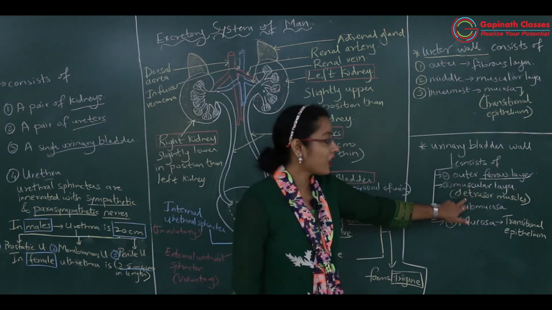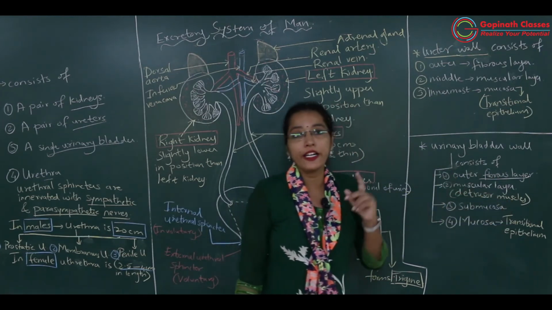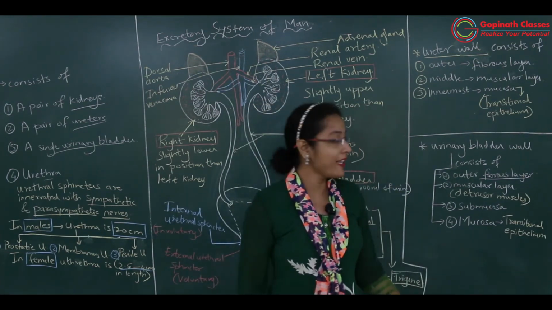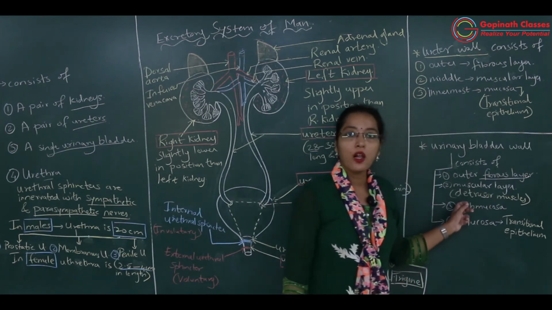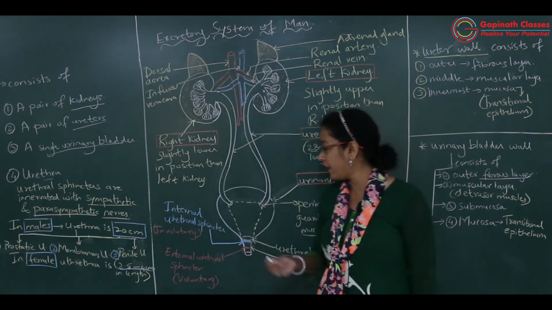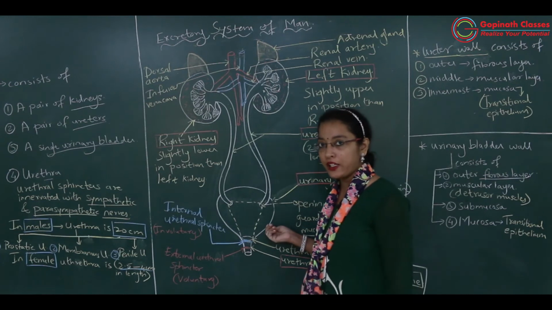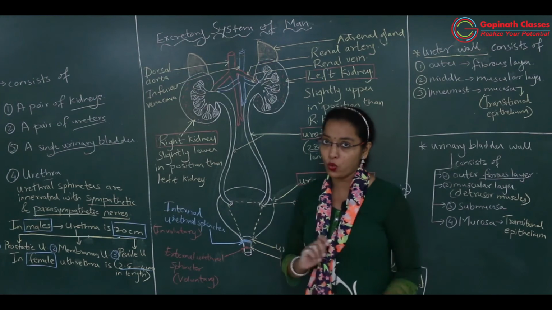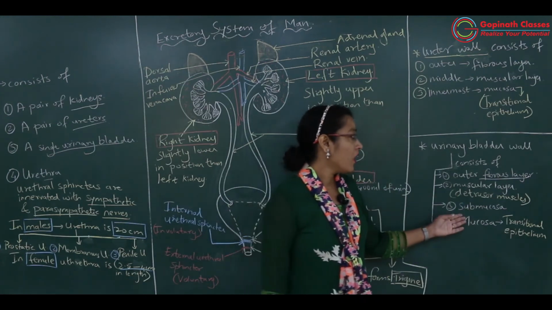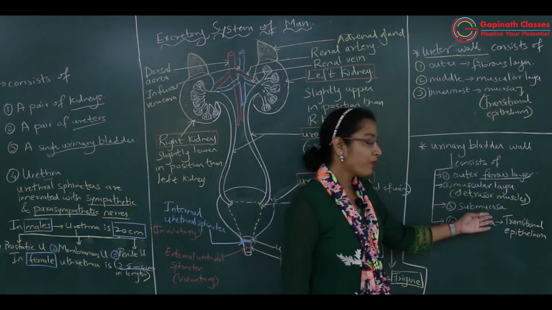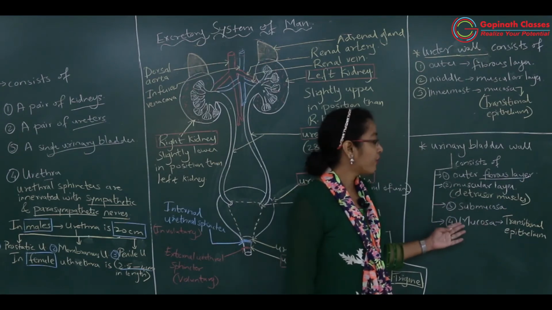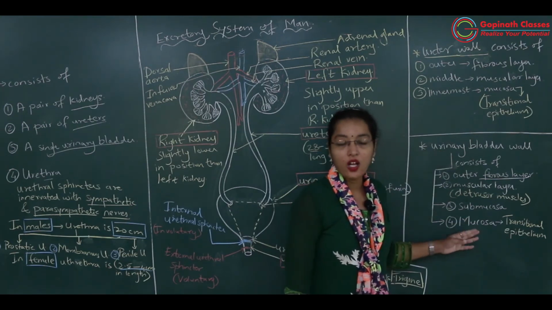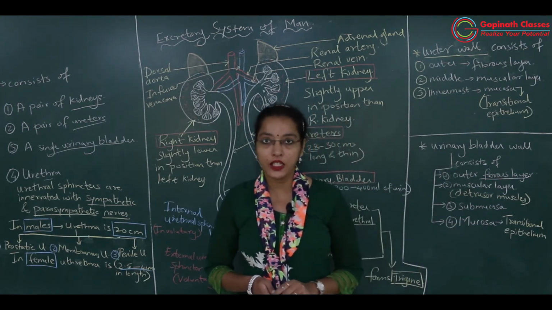Here which muscles are there? Detrusor muscles. What are detrusor muscles? Detrusor muscles are specialized smooth muscles which will bring about expansion and contraction of the urinary bladder depending upon how much urine has to be stored. Then the next layer is submucosa, the third one, and the fourth layer of the urinary bladder wall is mucosa, which has transitional epithelium.